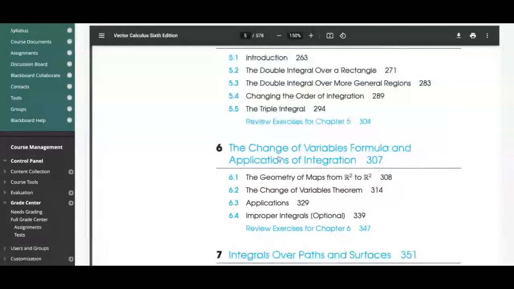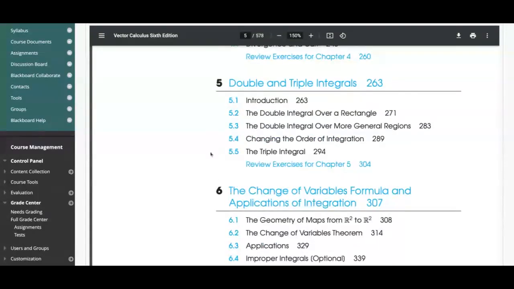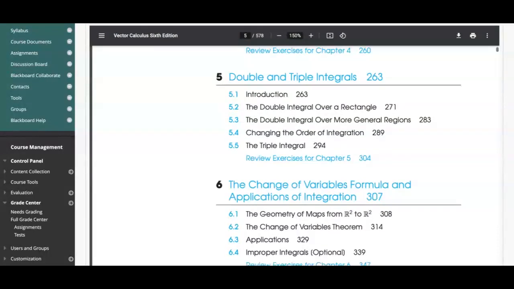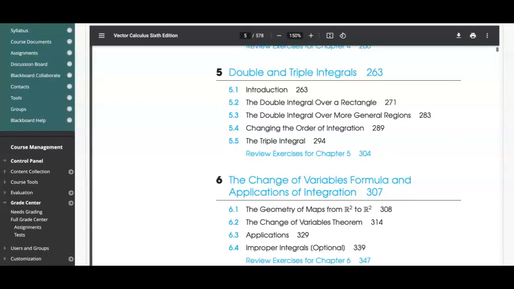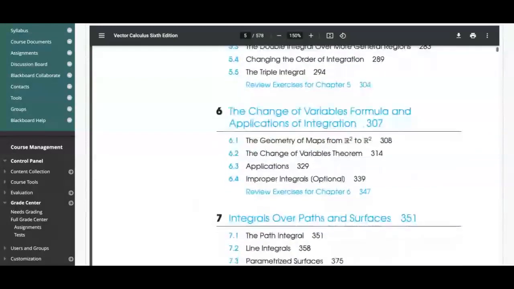And then after that, we talk about the change of variables. We're going to be using polar coordinates, cylindrical coordinates, and spherical coordinates to see why we even need those extra coordinates. Because when we integrate, sometimes the integrand is very difficult to integrate in Euclidean coordinates x, y, z. But once we change to other coordinates, the integration is much easier, super fast.